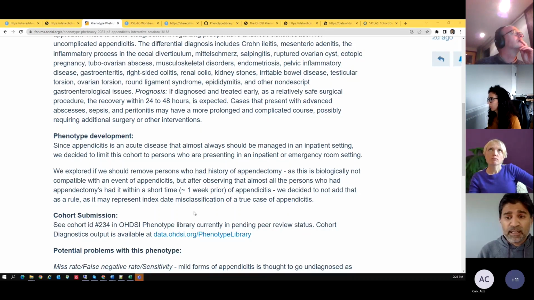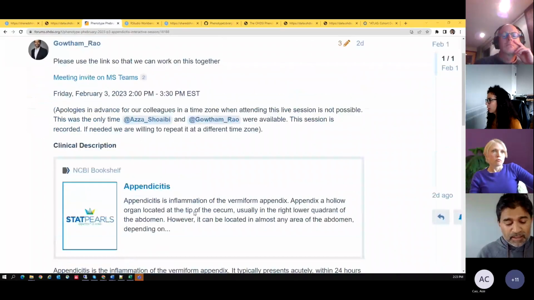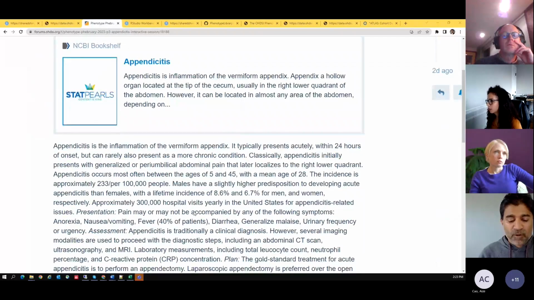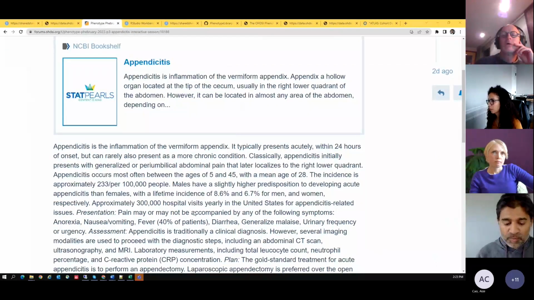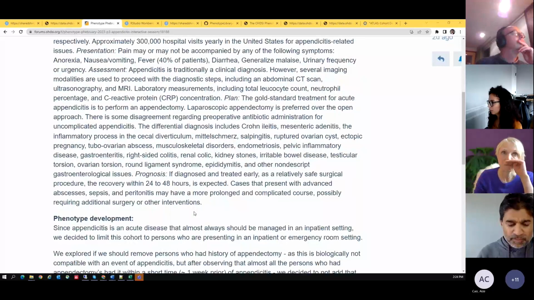So that's an ambiguity that I recognize in my clinical description right now. But currently, your clinical description is including both. As described, yes, it includes the milder forms, and it includes the edge case of chronic condition. Any other questions on the appendicitis clinical idea?